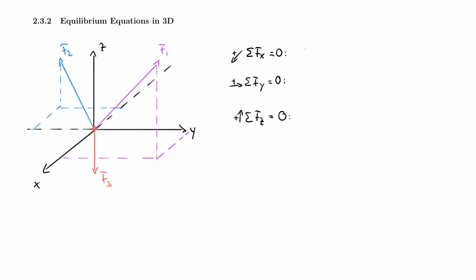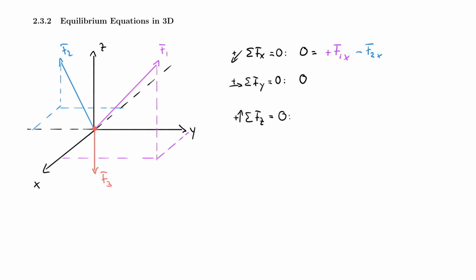So I can say that 0 is equal to, let's start with our F1, which is going in the positive x direction, so plus F1x, and F2 is actually going in the negative direction, so minus F2x, and then there's no F3 acting in that direction because F3 is just in the negative z direction.